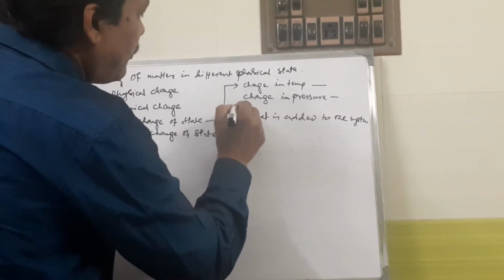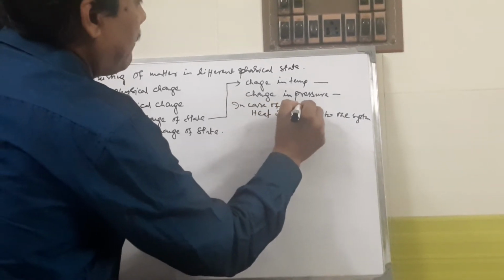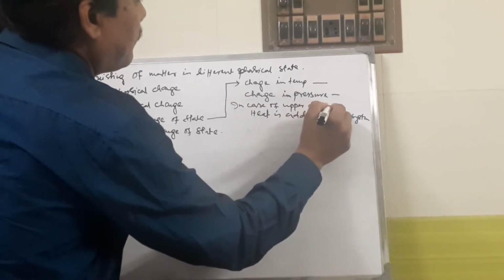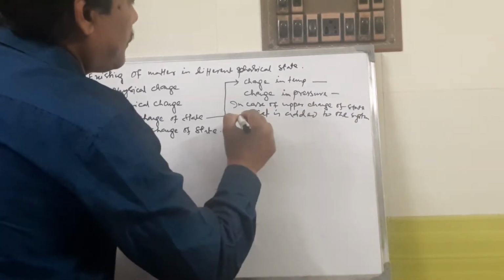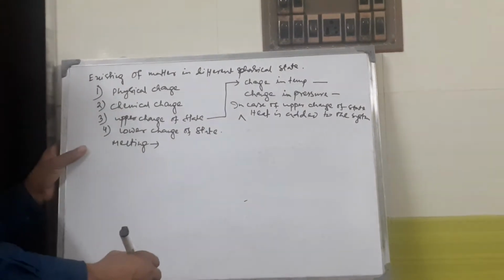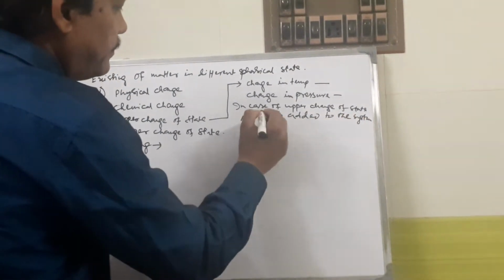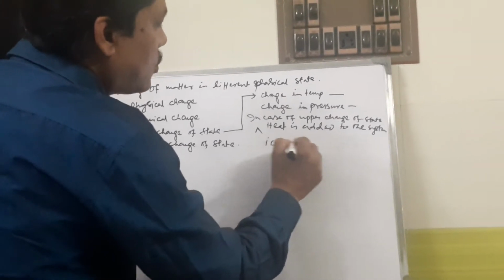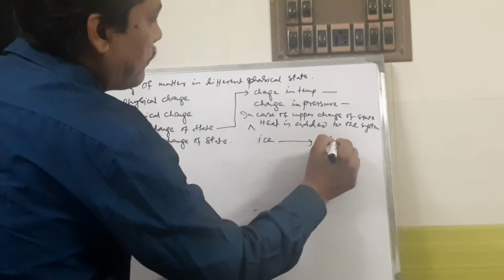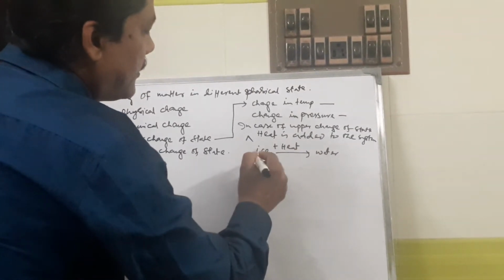In case of upper change of state, higher change of state, heat is added to the system, such as ice to water, heat is added to the system.